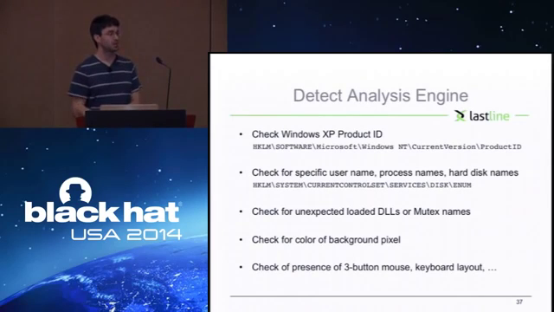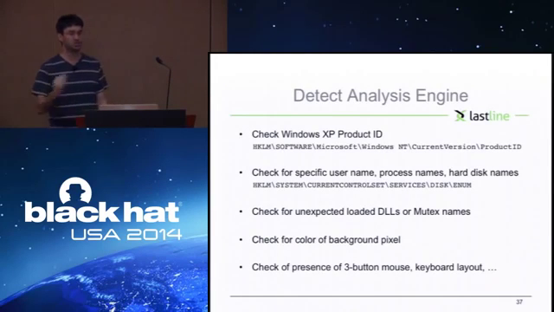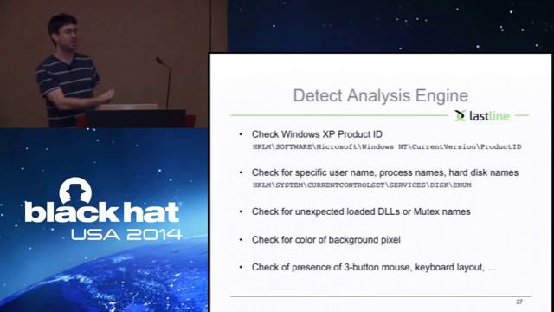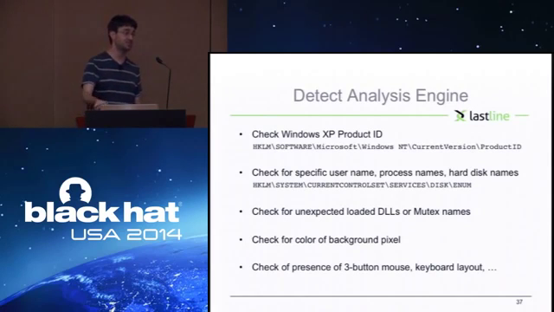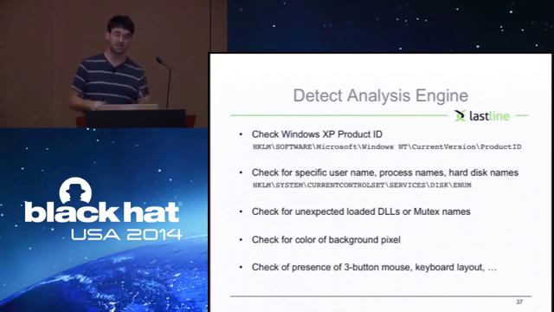Or you can check, okay, how many people have logged in since that machine was rebooted? Or when was that machine rebooted last? There are a lot of checks that look a certain way in a real environment, but not in an analysis environment, where no users are logged in and the machine was just started two minutes ago. That might give it away.